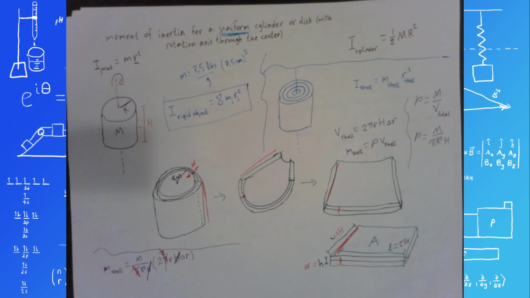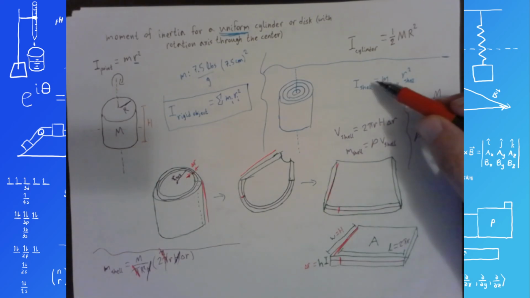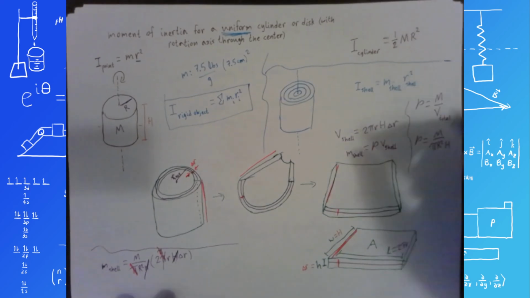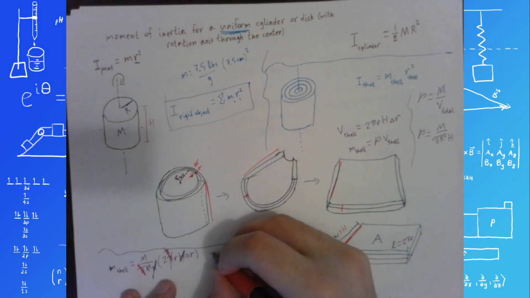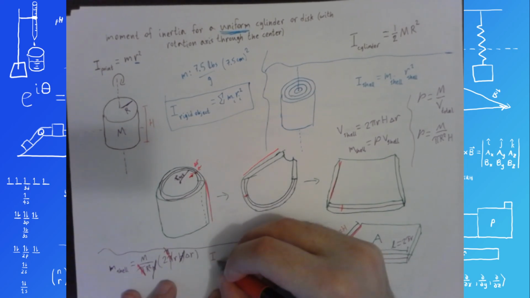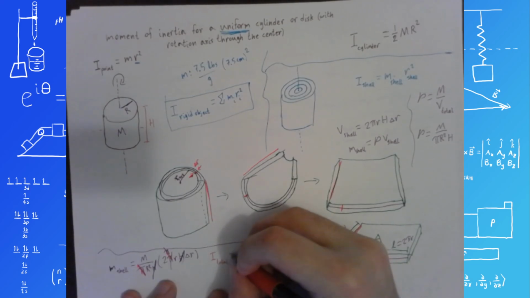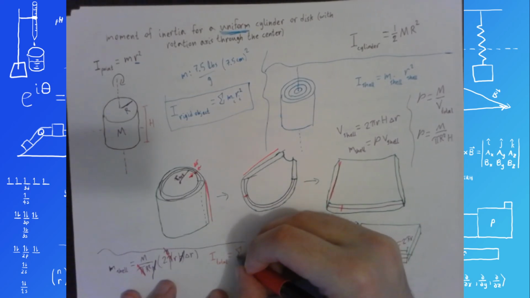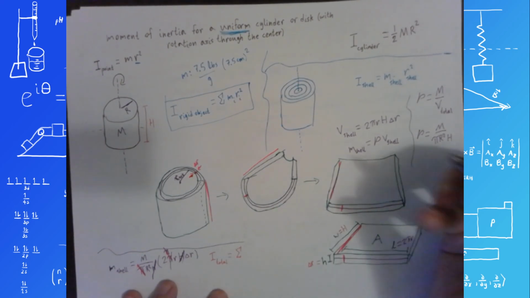So that's the mass of an individual shell, and I want to now put that into my moment of inertia for an individual shell, and then sum those up. So the total moment of inertia for the whole cylinder is going to be the sum of the moments of inertia of a bunch of shells.